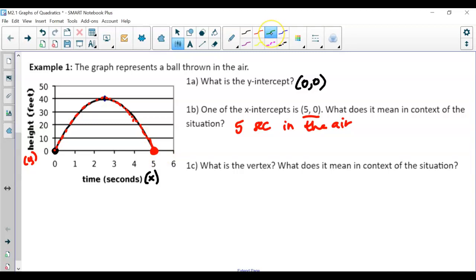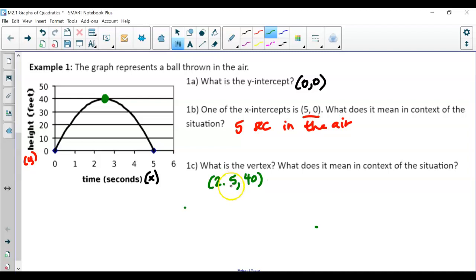What is the vertex? So here, looking at the vertex, again, the vertex is the maximum or minimum point. So here's our maximum, which would be, let's say, about 2.5, 40. And what does it mean in this situation?